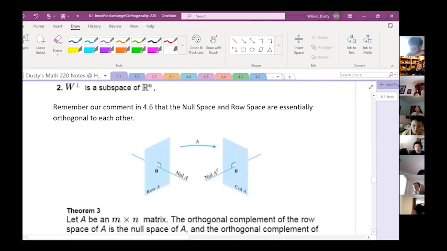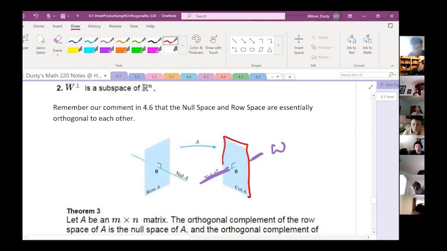Or down below, if I called this one my W, then everything that's perpendicular to the purple line would be my perpendicular subspace. So they're like spaces that are perpendicular to each other.